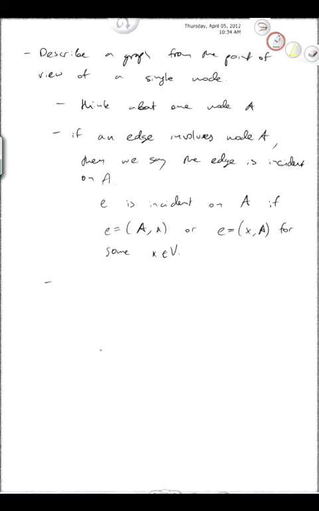So let's introduce one more definition to talk about the graph from the point of view of node A. So if edge AB is in the graph, then we say A and B are adjacent.